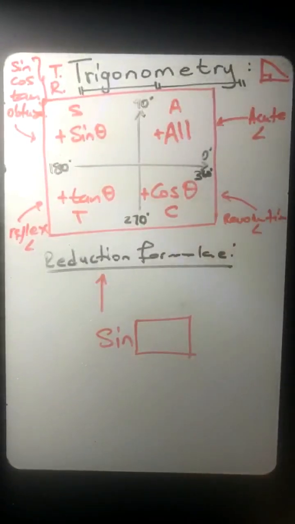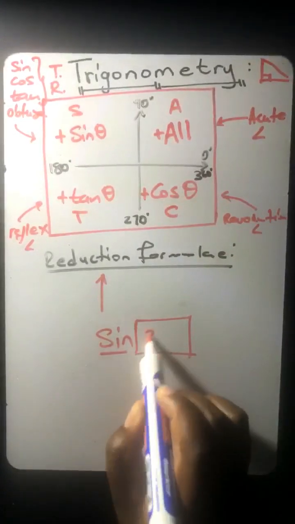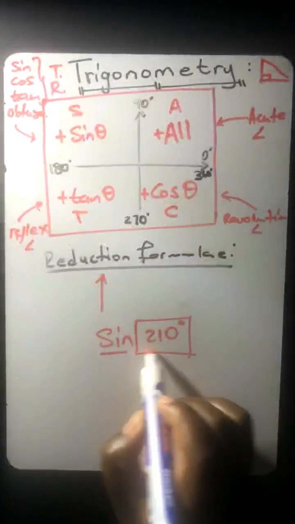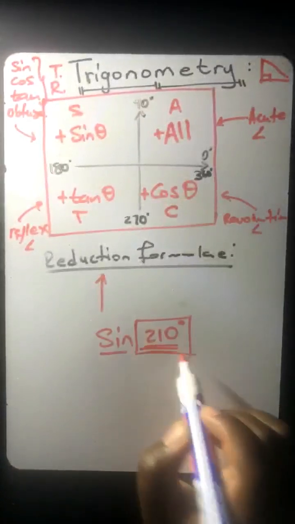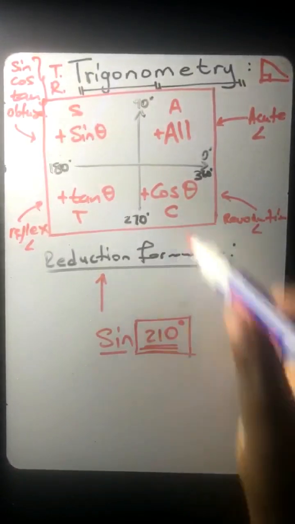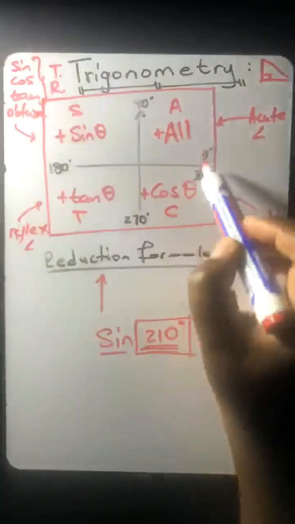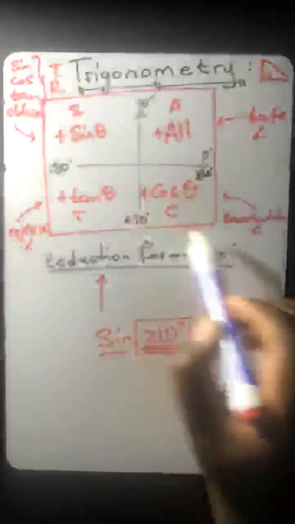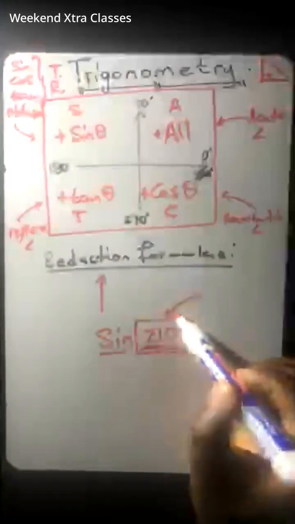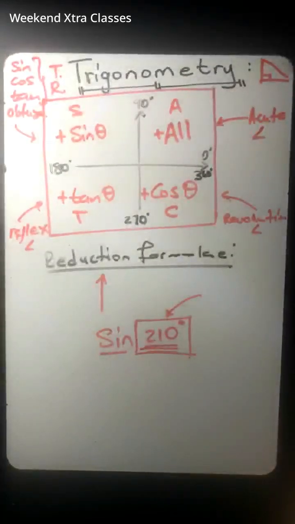So here comes the question. If let's say we have sine 210 degrees, what is the name of that angle? Is it acute, obtuse, reflex, or revolution? You just ask yourself, does it fall between there, or there, or there? Then you give me the name. Sine 210, what is the name of that angle? Reflex.